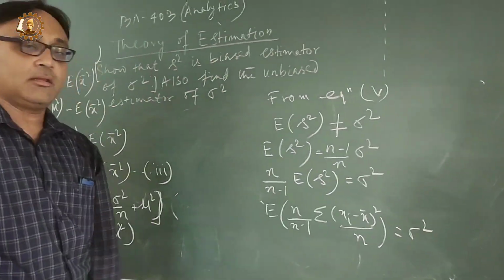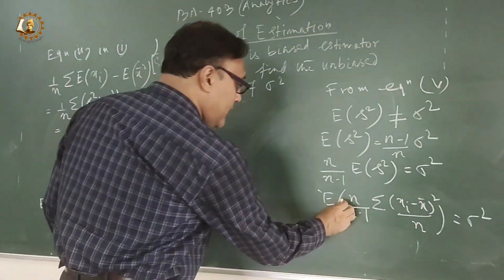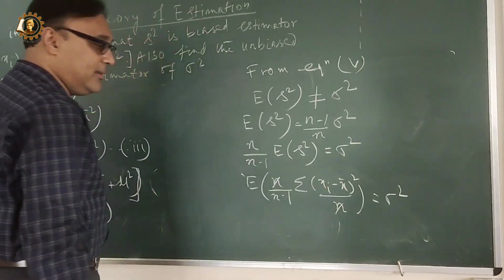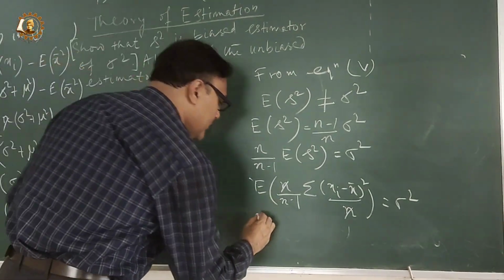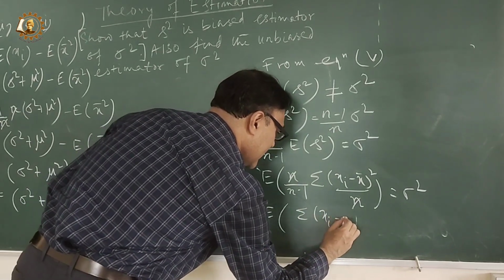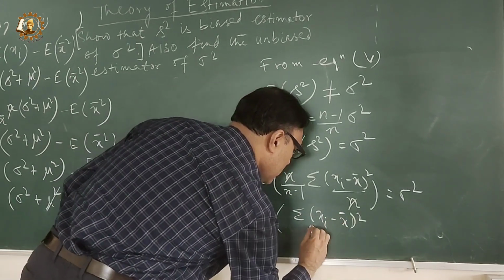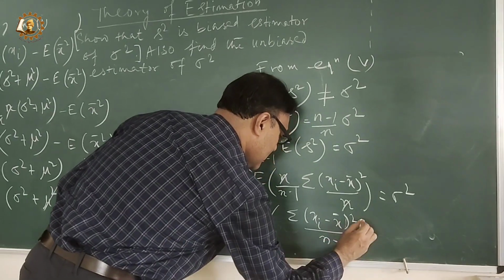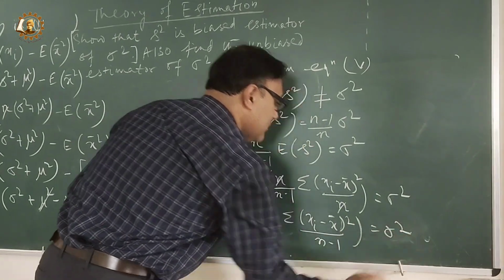Now we are going to cancel this n, and ultimately we will be getting expectation of summation xi minus x bar whole square by n minus 1 is equal to sigma square.